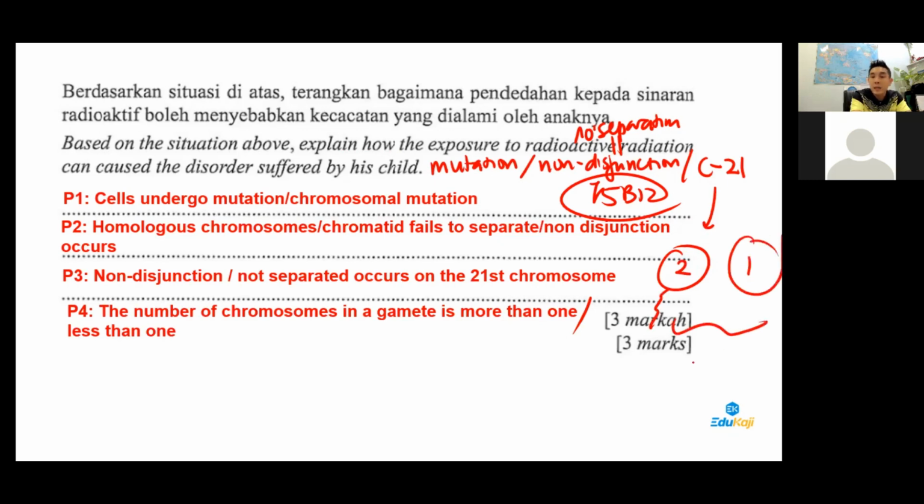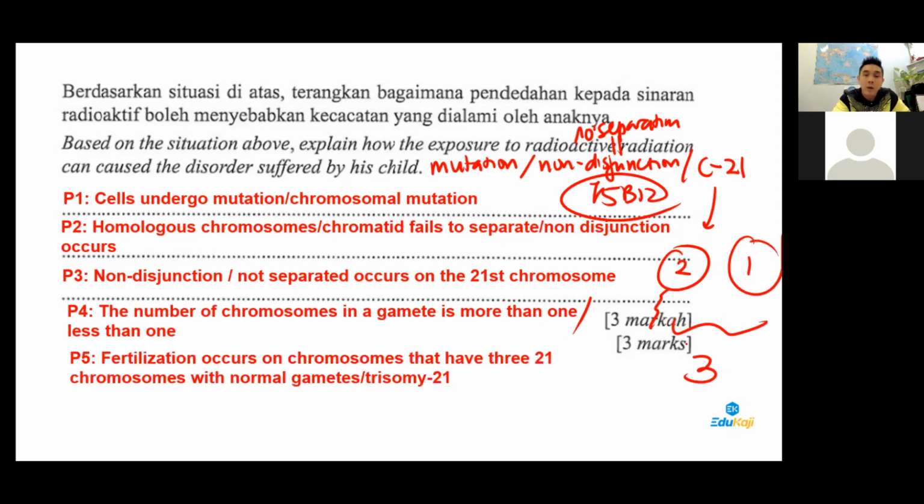So that's how we get 3 chromosomes at chromosome 21. We call this trisomy 21. Or you can just write 3 chromosomes for the 21st pair. Down syndrome, 1 mark. You get marks because you're able to identify.